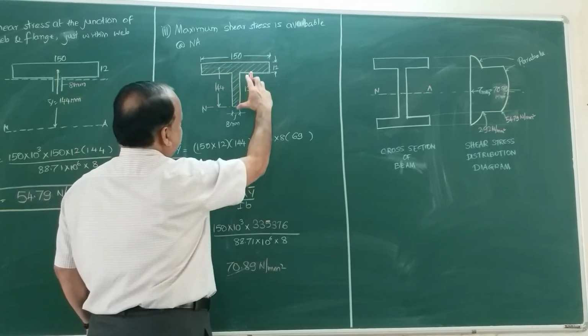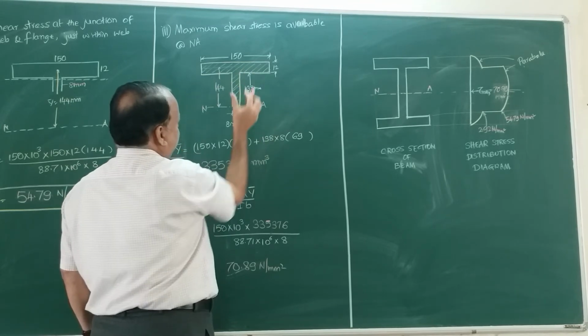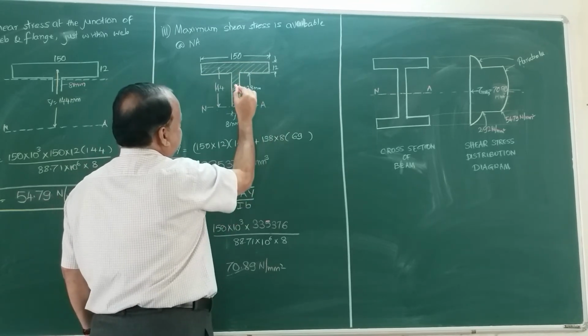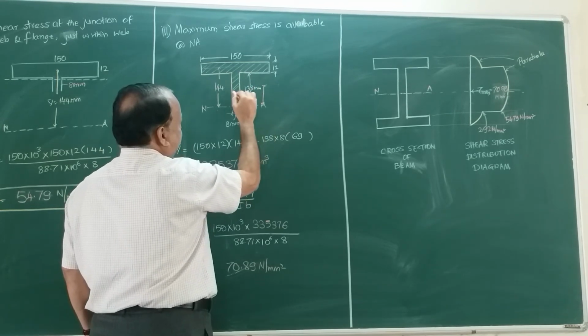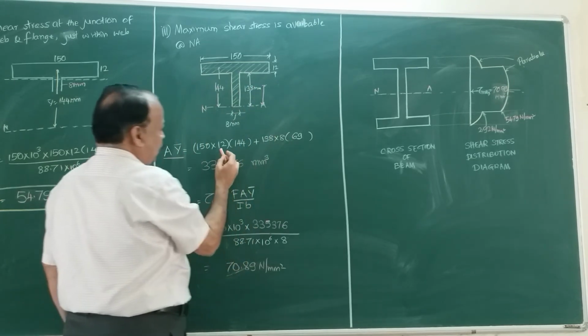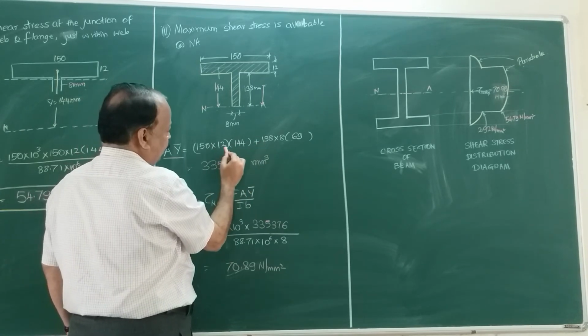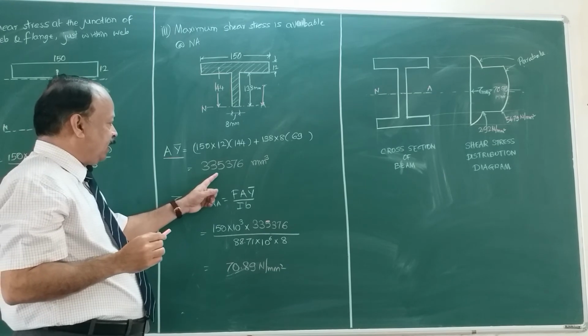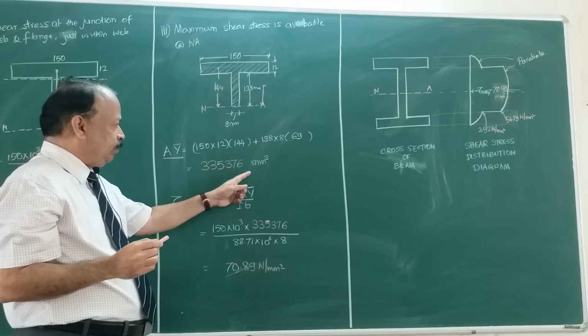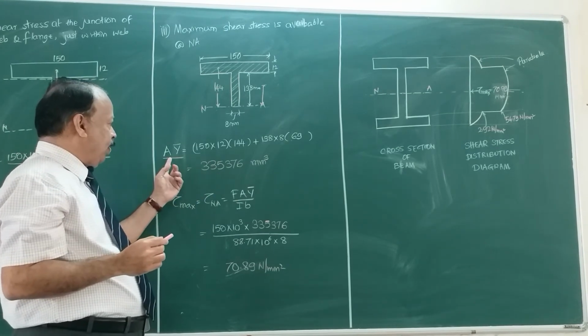Then the second one is 138 by 8, and distance of CG of this is 138 divided by 2, 69 millimeter. So on multiplying and adding, we get A y bar as 3,35,376 millimeter cube.